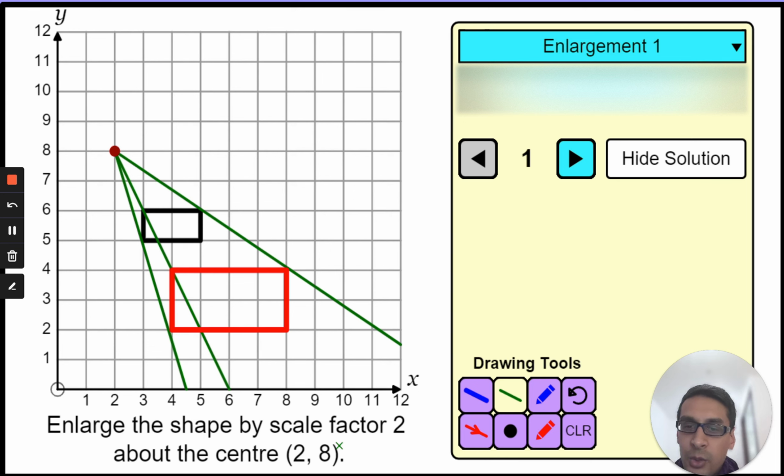So for example, in this first example, we're using a scale factor of 2. So what you'll notice is if you go 3 down, 1 across, 3 down, 1 across, that length is doubled. To get from that red point to this point here is twice the red point to that vertex over there.